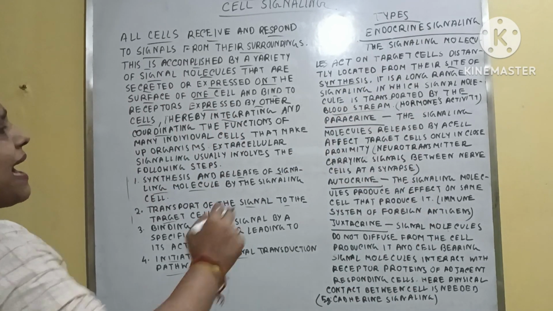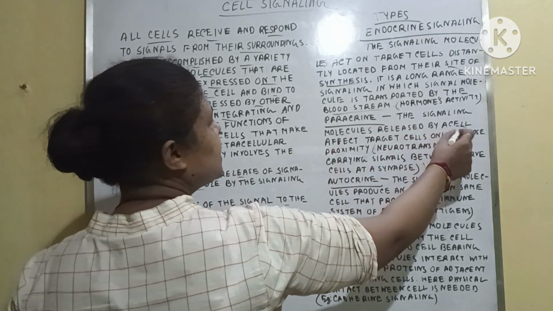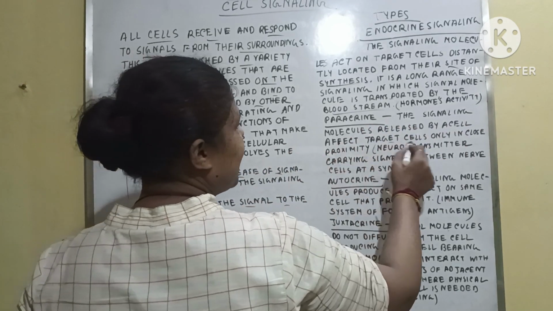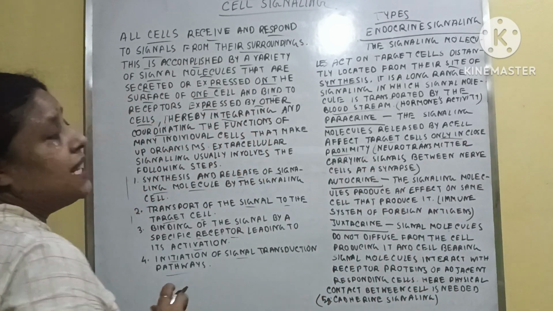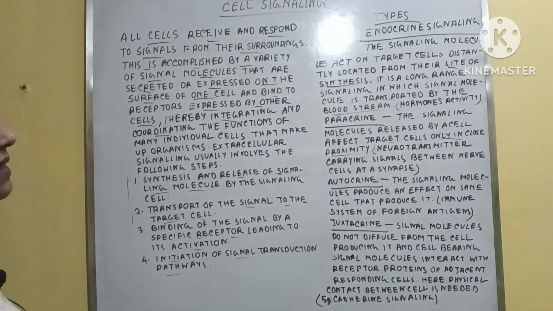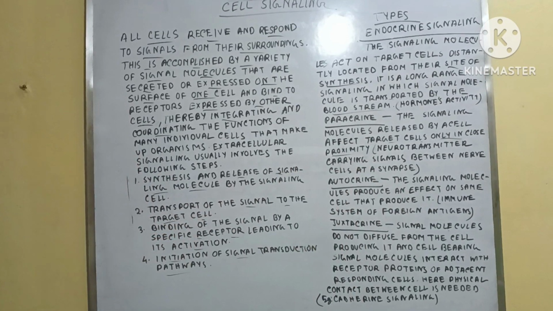Second one is the paracrine signaling. Here, the signaling molecules released by the cell affect the target cells, but only in close proximity. That means close proximity, so the range of signal molecule transportation is not so long.